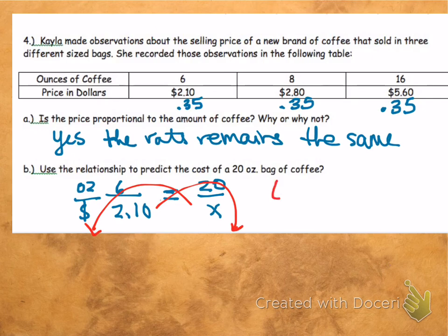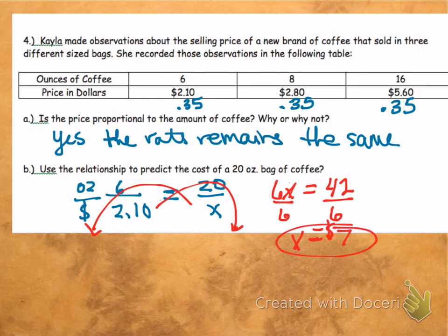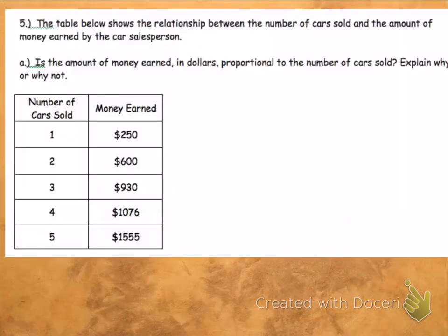If I cross multiply, I get 6x is equal to 20 times 210, and that's going to give me 42. Then I divide both sides by 6, and I get x is equal to 7. So using that relationship, I find out that it would be $7 for the 20-ounce bag of coffee.